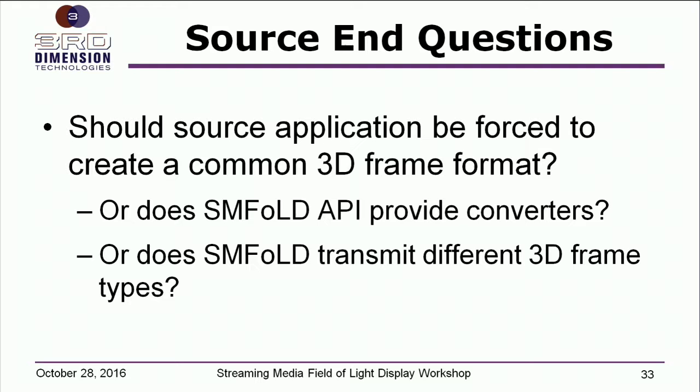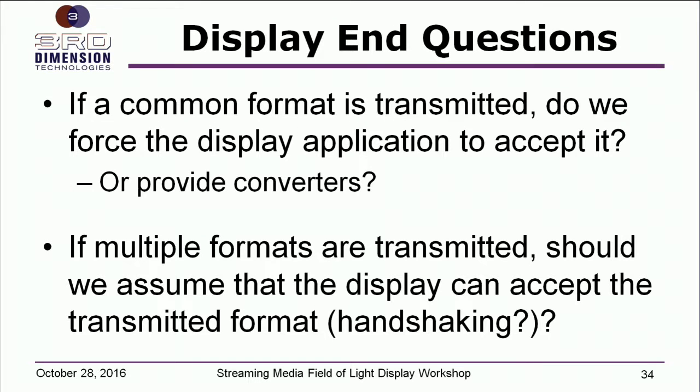Or does the standard allow for different 3D frame types to be transmitted? Display end questions. If a common format is transmitted, do we force the display application to accept it? Do we say, display, you've got to take this data, it's your problem, it's not ours? Or do we provide converters to convert the data to a format that the display can easily handle?